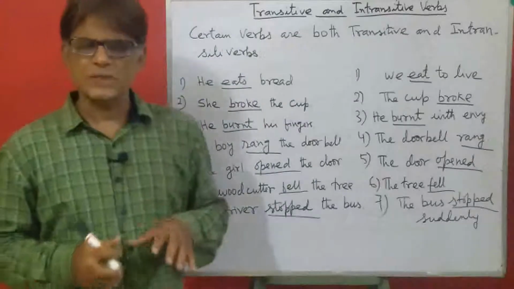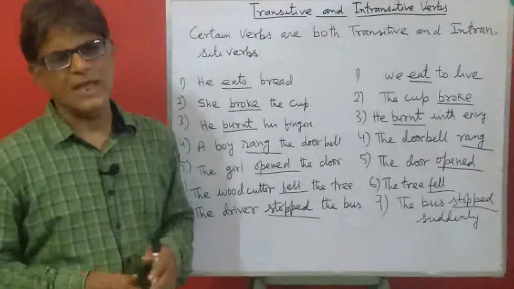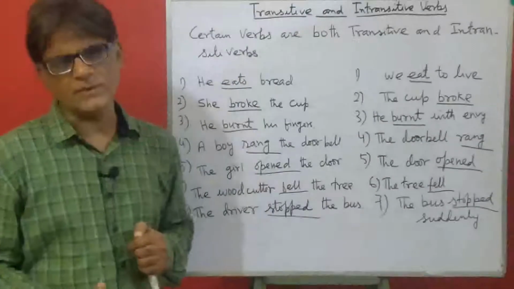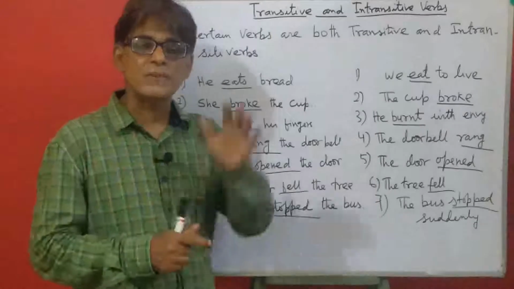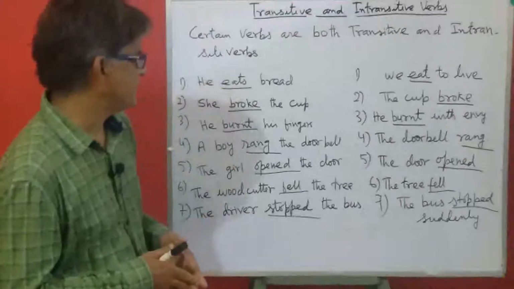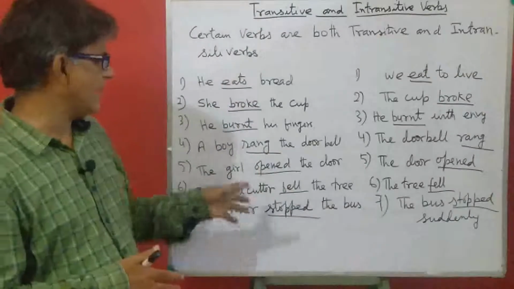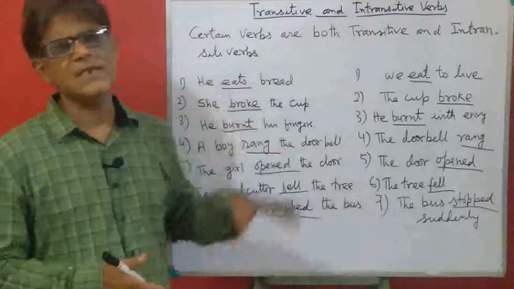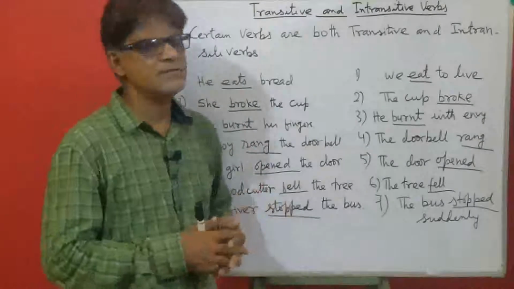Some verbs take two objects, one direct and the other indirect. An indirect object is one which takes the preposition to or for before it. Direct objects are generally things, and indirect objects are generally persons. So this was all about transitive verbs and intransitive verbs.